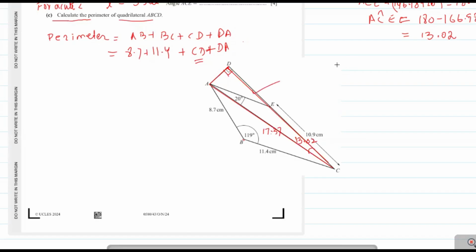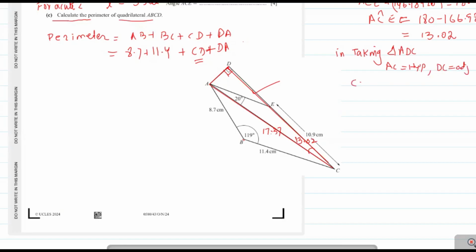The length CD, taking the right angle triangle ADC. In this right angle triangle, side AC is the hypotenuse, and DC is the adjacent side to the angle.